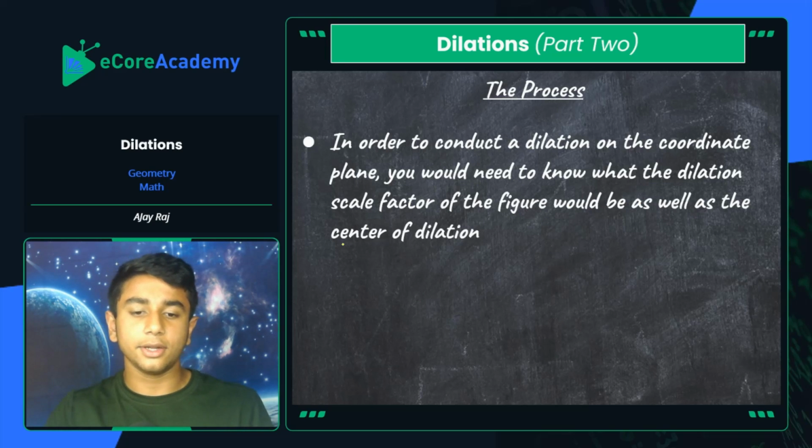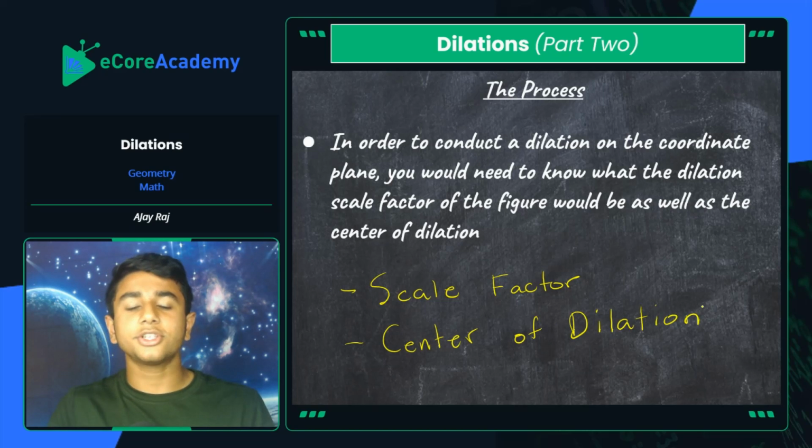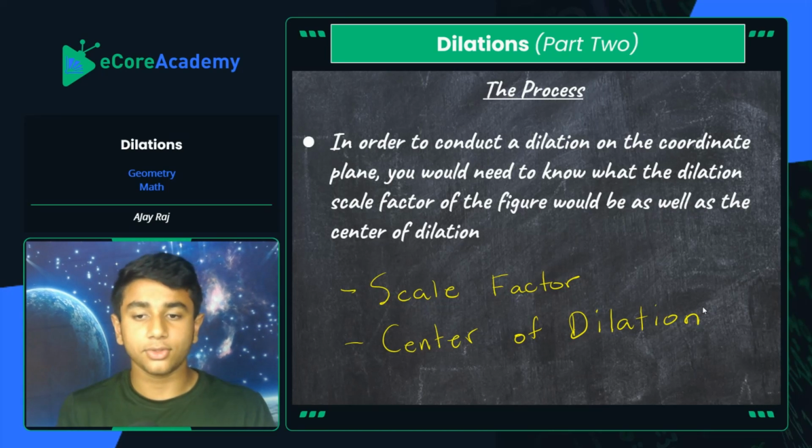So you have to write that down here. I'll write it out. Scale factor and your center of dilation. Just like reflections, rotations, and translations, the other three main transformations in geometry, they have unique components to their processes.